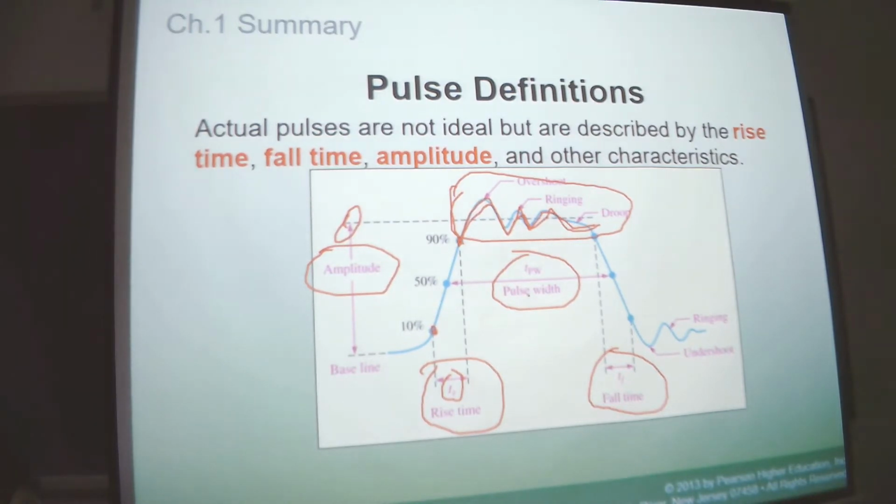And the third term, pulse-wise. Pulse-wise represents the time difference between one point located on the rising edge, whose value is 50% of the amplitude, and the second point, whose value is also 50% of the amplitude, but this point is located on the falling edge.